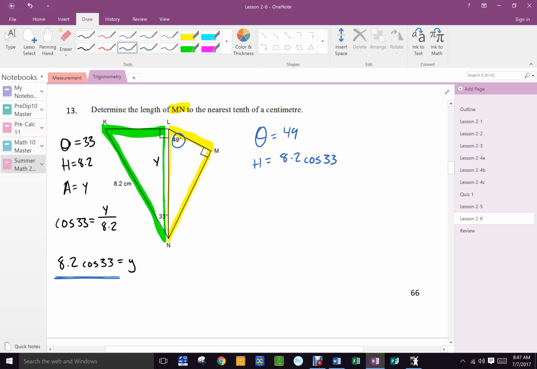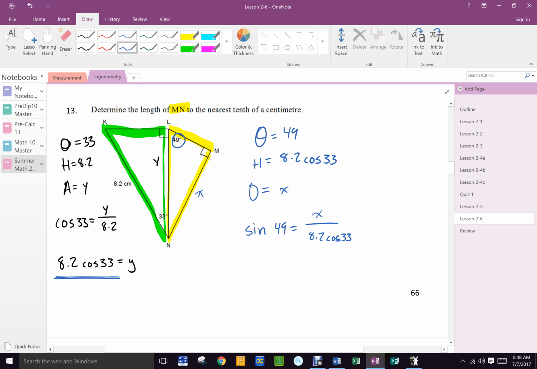And I need to find this side. What is this side compared to theta? Is this the opposite, the adjacent, or the hypotenuse? My opposite is down here. I'm going to make that x. What uses O and H? Sine 49 equals opposite x over hypotenuse, which is 8.2 cos 33.